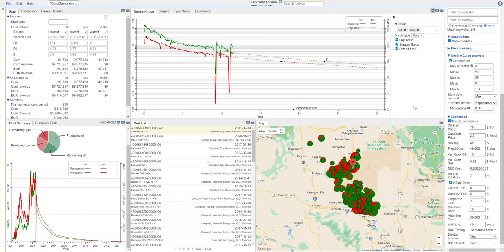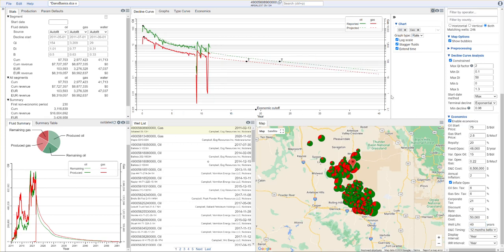Now, once we've set that up and we've enabled economics, you'll notice that over here in the stats window, we now have our revenues that are associated with that well. But probably what's more relevant is we now have an economics cutoff that's been flagged here.